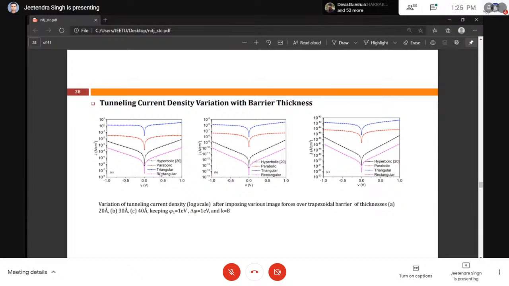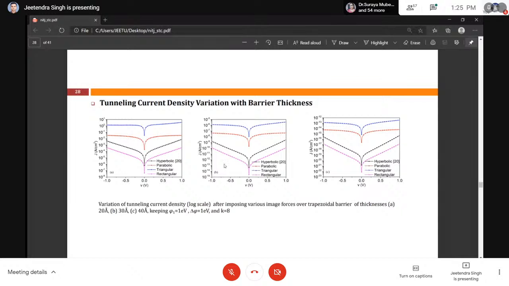The highest current appears for the triangular barrier, and the lowest current appears for the rectangular barrier. This is drawn for an insulating layer thickness of 20 angstrom. This is when the insulating layer thickness is 30 angstrom, and this is for 40 angstrom.